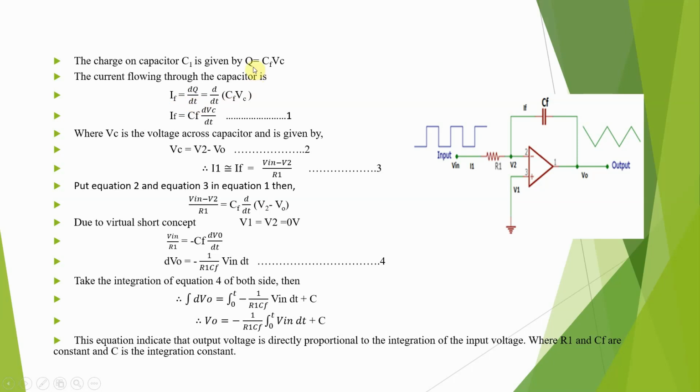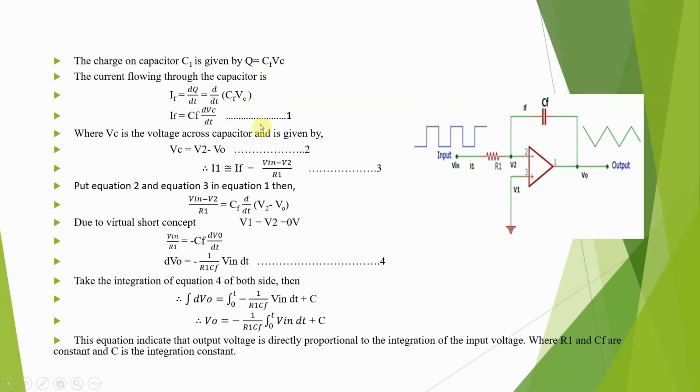Then put the value of q in this equation. Therefore, the equation becomes d by dt into CF into Vc. Then IF is equal to CF. CF is a constant, therefore take it outside: CF dVc by dt.